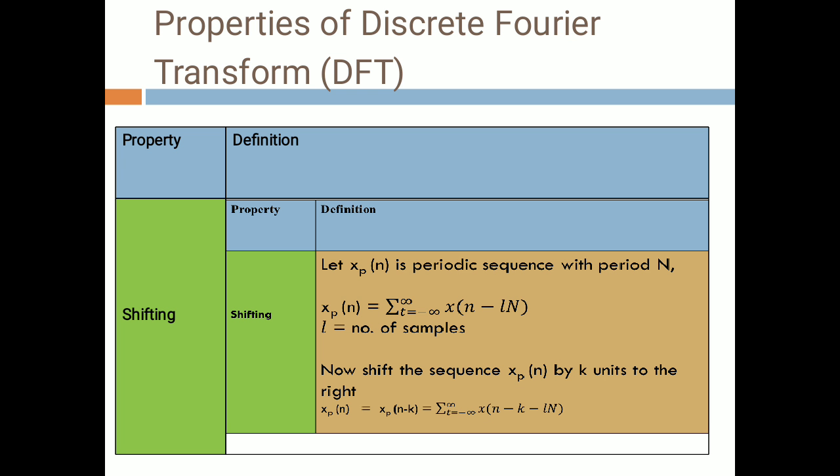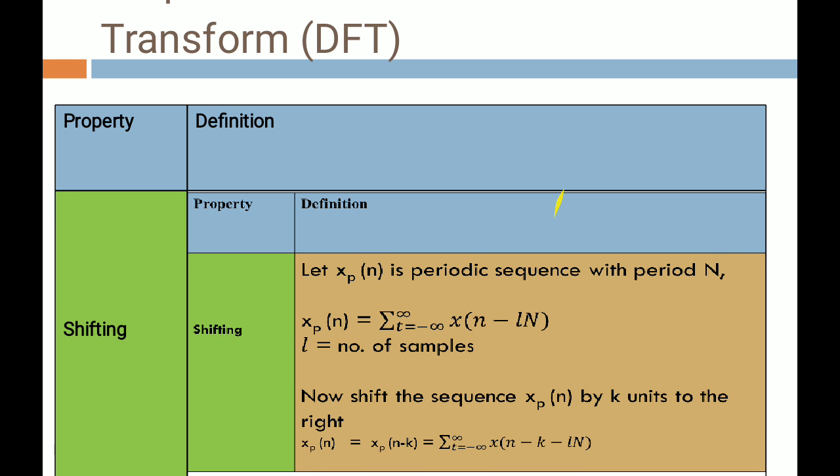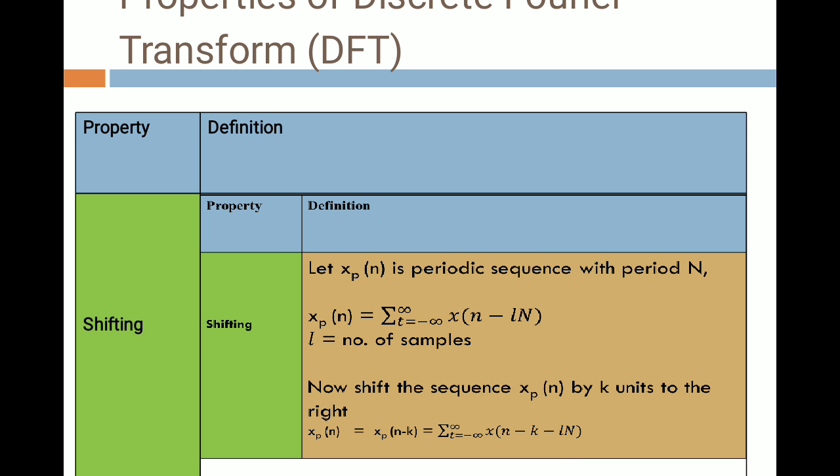Shifting property. In this shifting property, the original signal is shifted by some amount. Let xp(n) be a periodic signal with period N. xp(n) is equal to the summation over l from minus infinity to infinity of x(n - lN), where l is the number of samples.